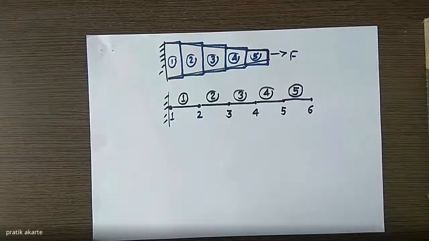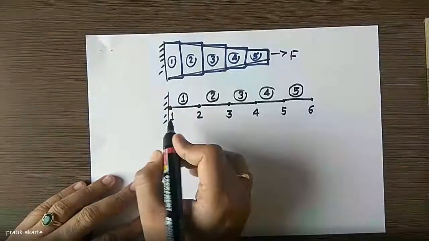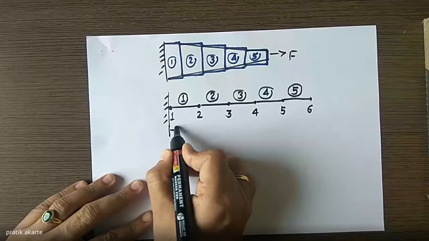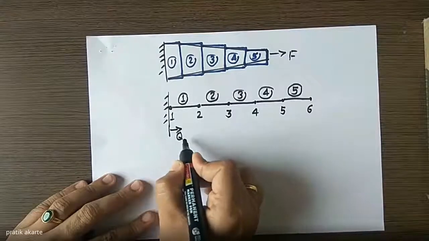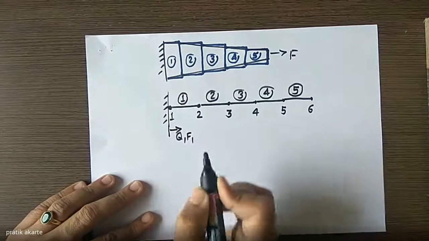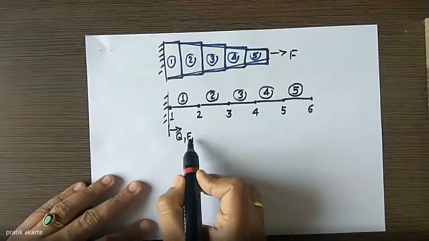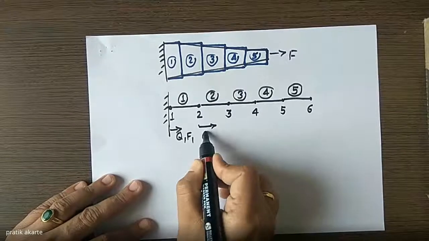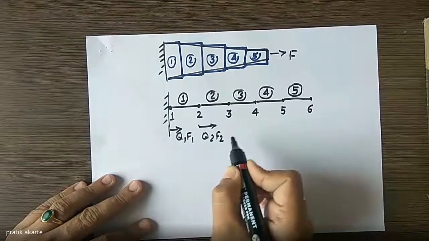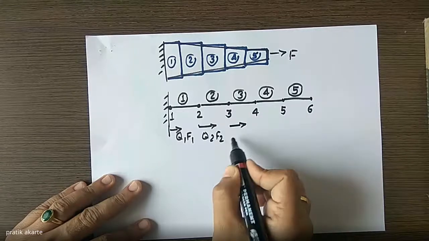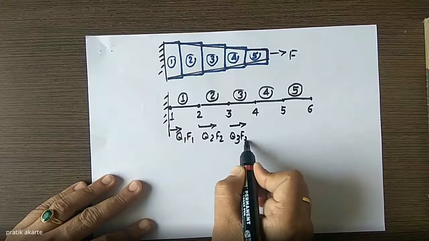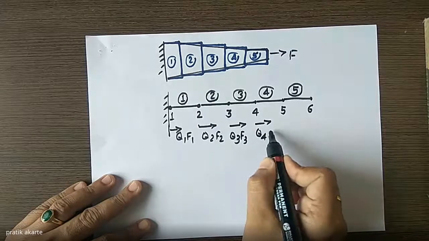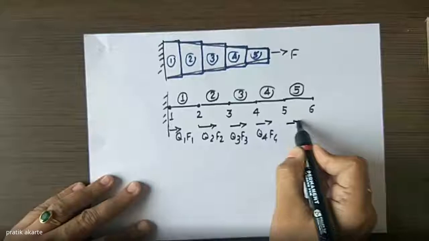If we want to draw the displacement and loads, Q1 and F1 are the displacement and load at node number 1. We can say Q2 and F2 at node 2, Q3 and F3 at node 3, Q4 and F4, and likewise.